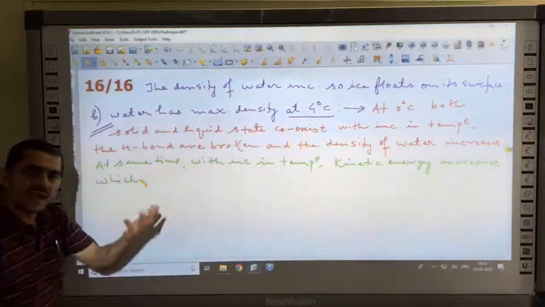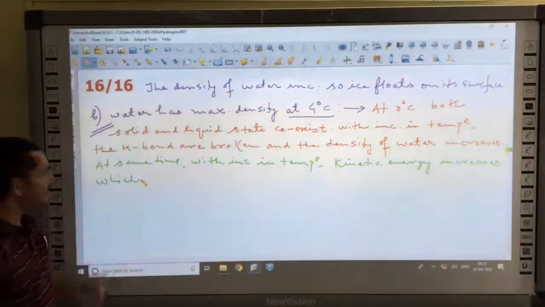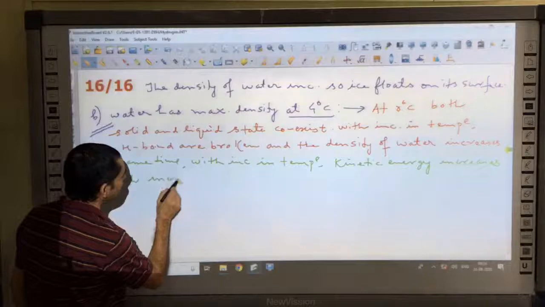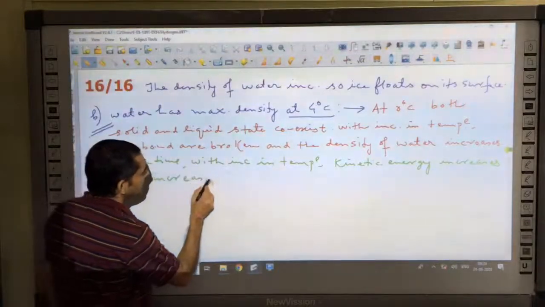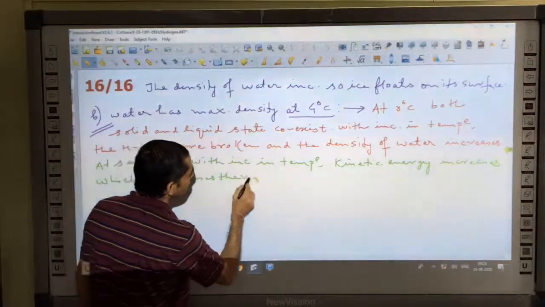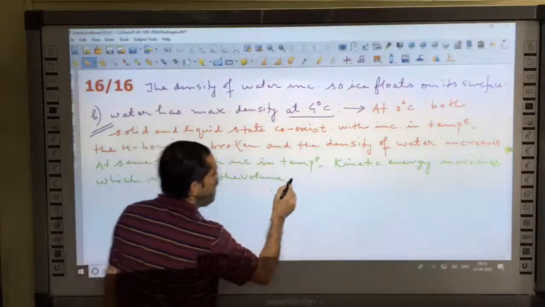So with increase in kinetic energy, what is going to happen? It increases the volume and density decreases.